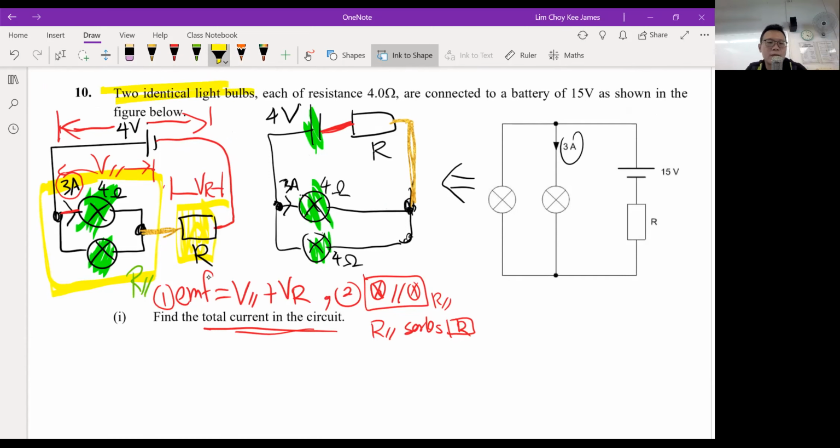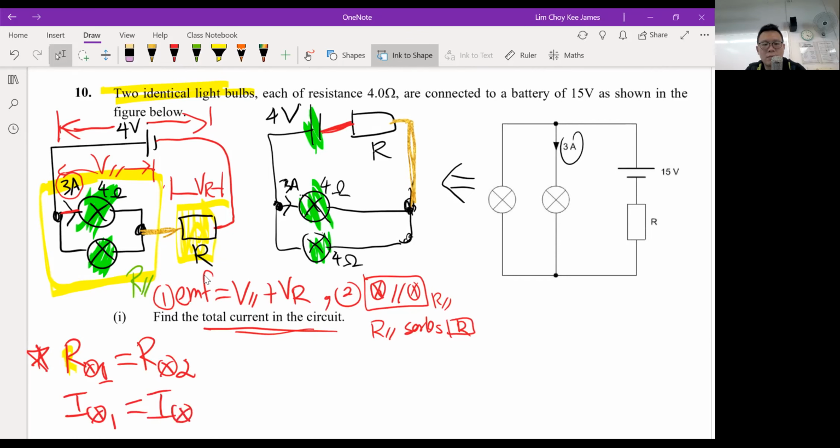Since they are identical, the resistance of one light bulb, bulb 1, is the same as bulb 2. This important information means that the current in light bulb 1 is the same as the current in light bulb 2. Meaning, the current here is 3 mA, given in the question.